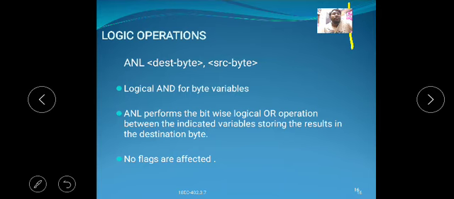Logical AND for byte variables. ANL performs the bitwise logical AND operation between the indicated variables, storing the result in the destination byte. No flags are affected.